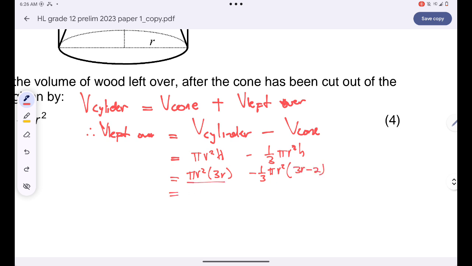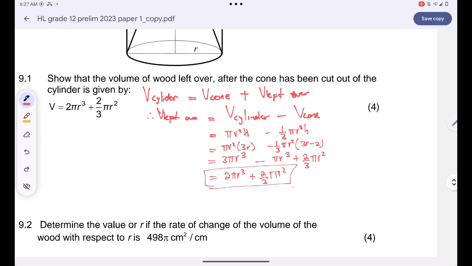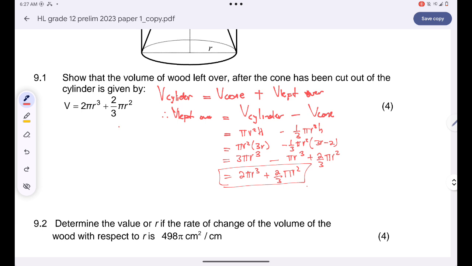This will give me 3 pi r cubed minus, if I multiply the 1/3 pi r squared inside the bracket, negative pi r cubed plus 2/3 pi r squared. These will subtract, and I'll end up having 2 pi r cubed plus 2/3 pi r squared. So now I've proven that the leftover volume is equal to that expression.